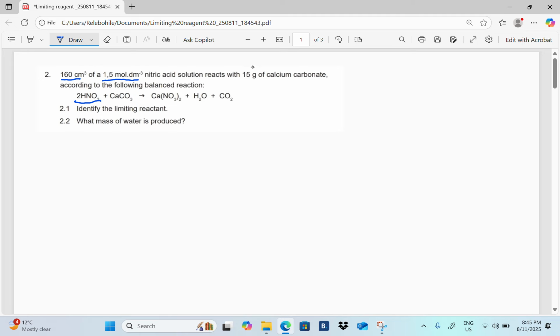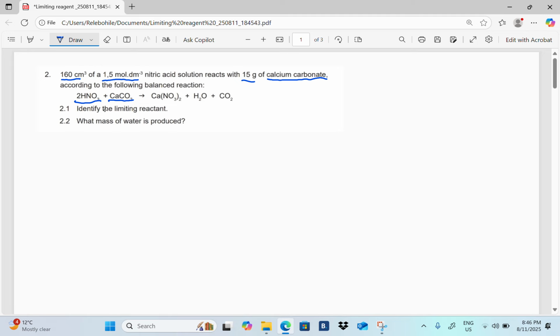The second thing I'm given is this mass, and it belongs to calcium carbonate. Where is calcium carbonate? This is calcium carbonate. So I have the volume of nitric acid and its concentration, and I have the mass of calcium carbonate.